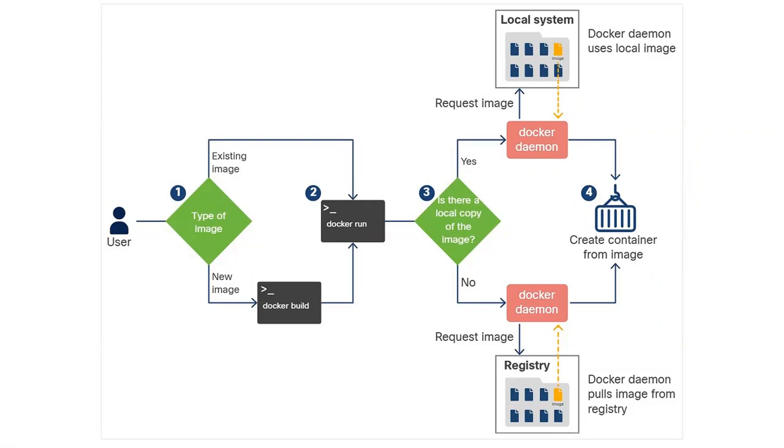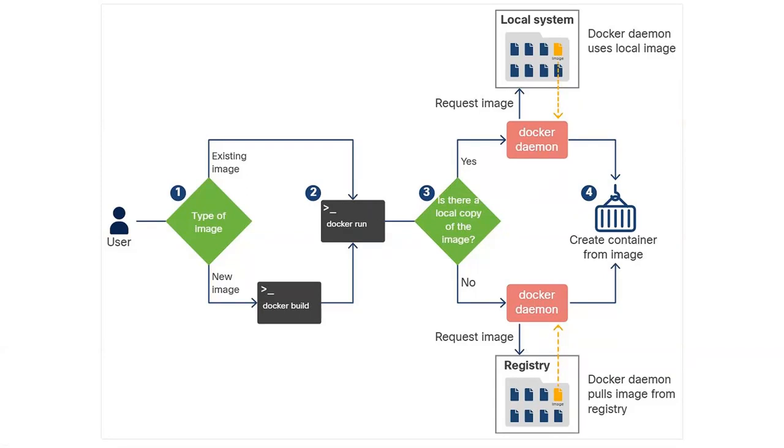Next, run a container based on the image using docker run or docker container create. The Docker daemon checks to see if it has a local copy of the image.